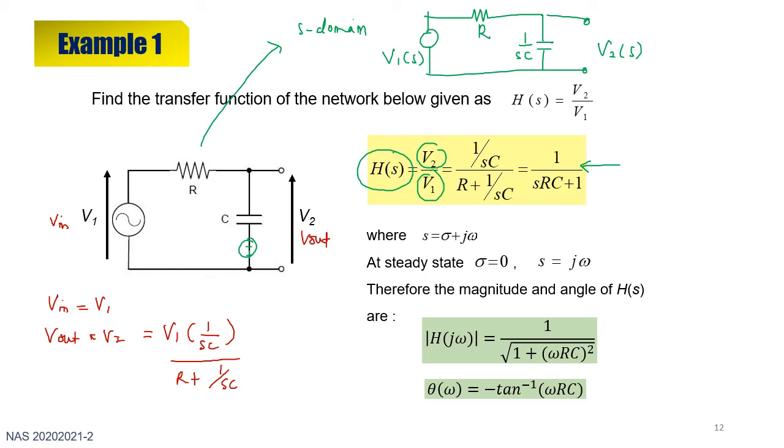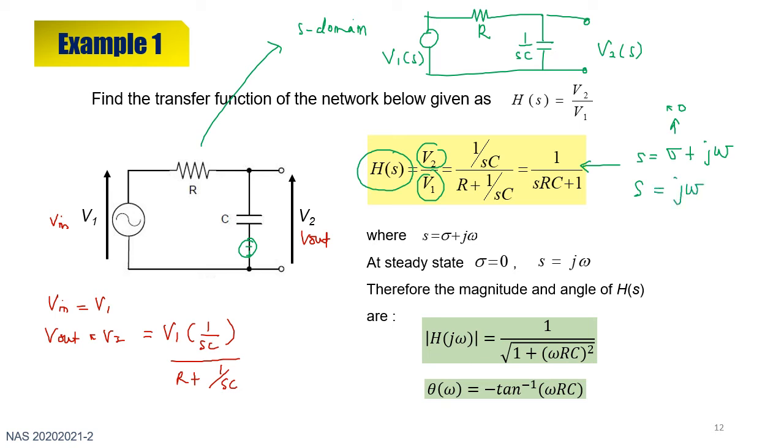In this case, S is also equal to sigma plus j omega. In steady state condition, sigma equals 0, so we can assume S equals j omega.